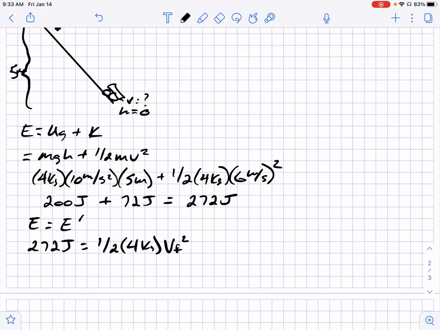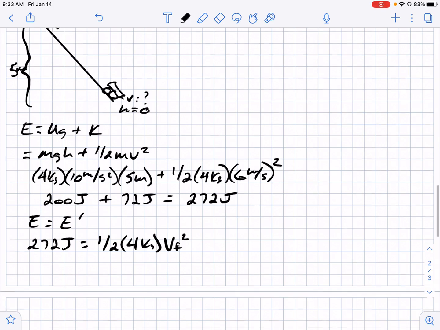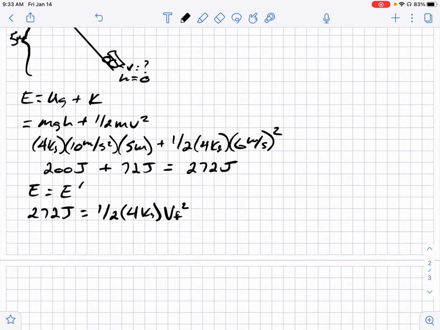So now we're just solving for the final velocity. Your final velocity is going to equal 11.66 meters per second.